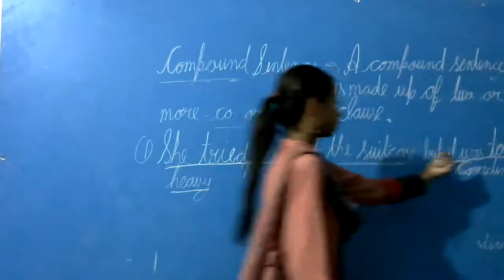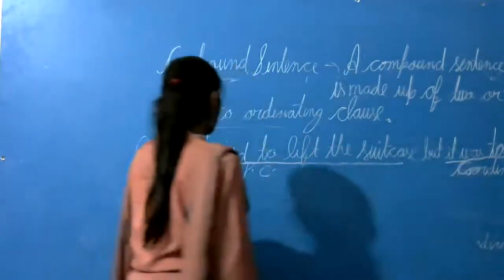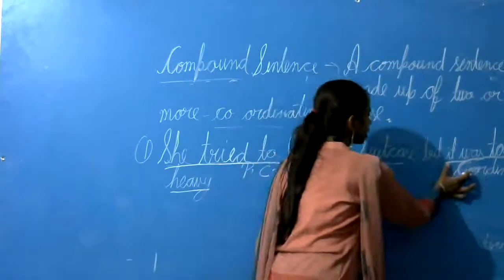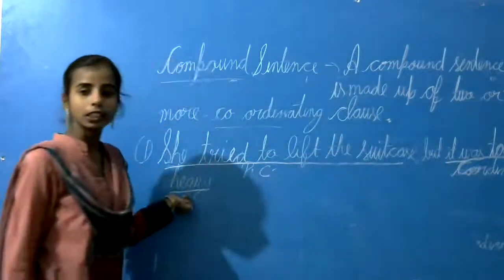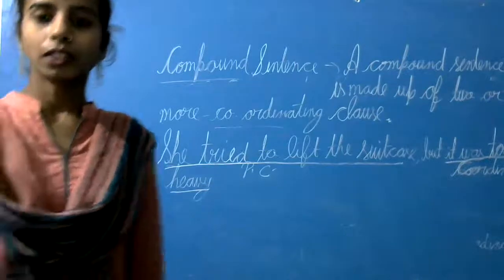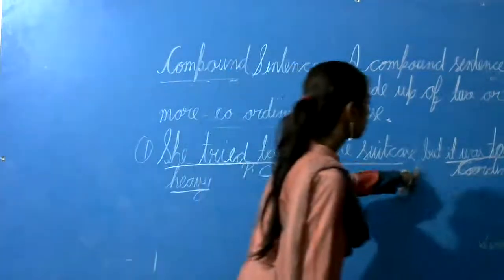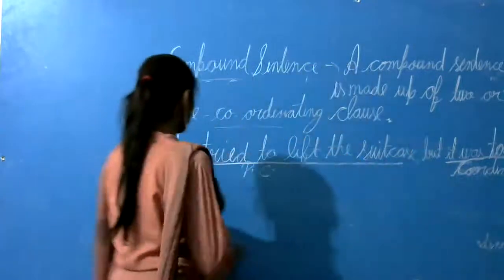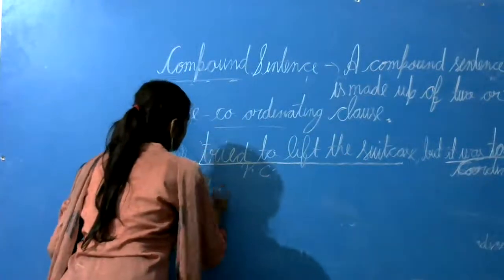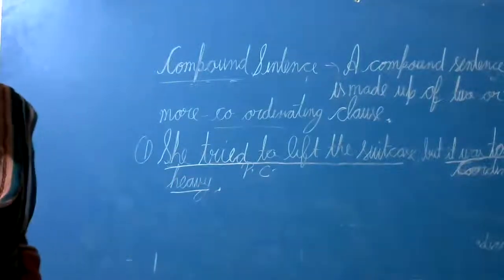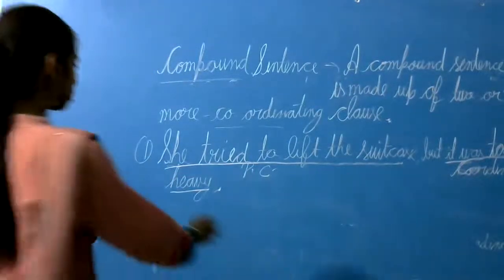Because this part of the sentence is joined with coordinating conjunction. So this part of the sentence will be called coordinating clause. She tried to lift the suitcase, comma, but it was too heavy. Okay. Note it down.